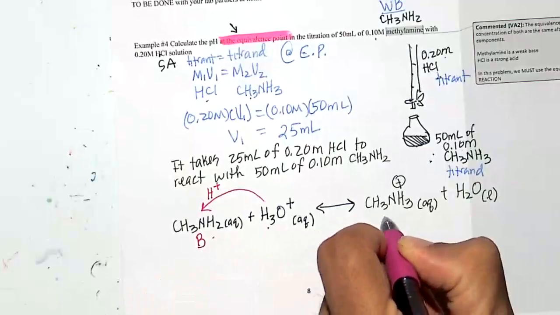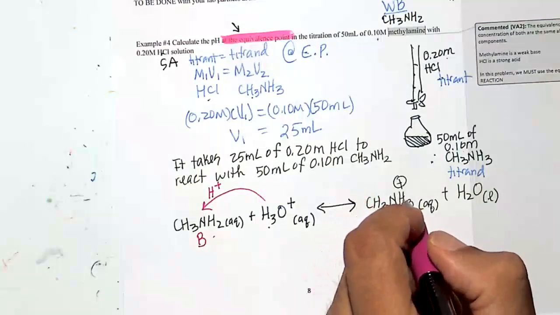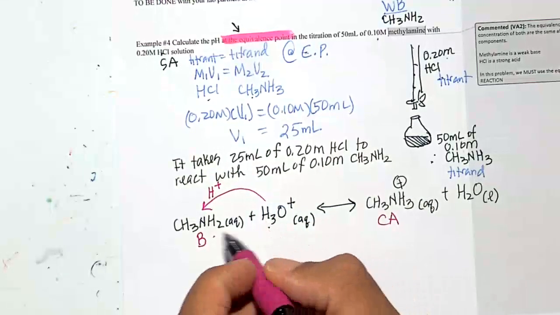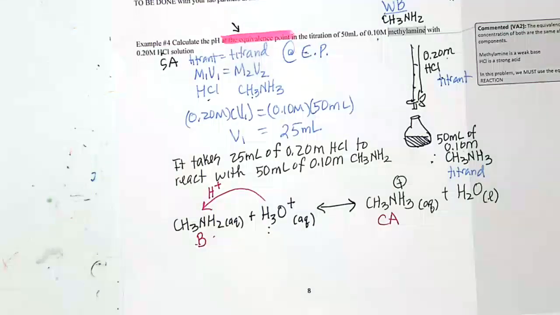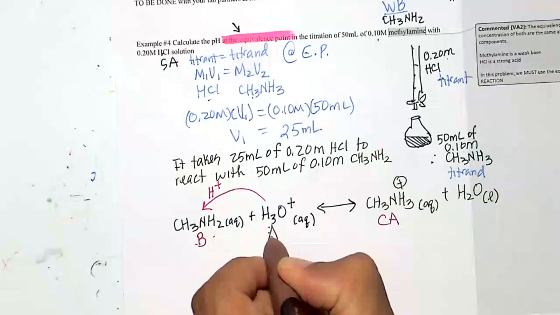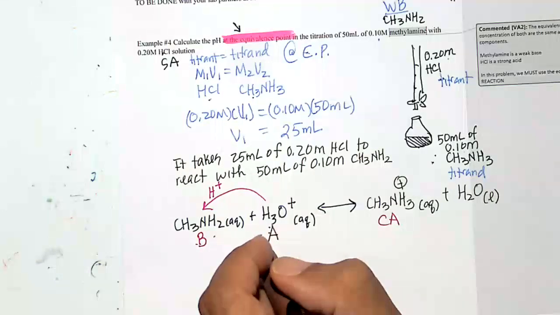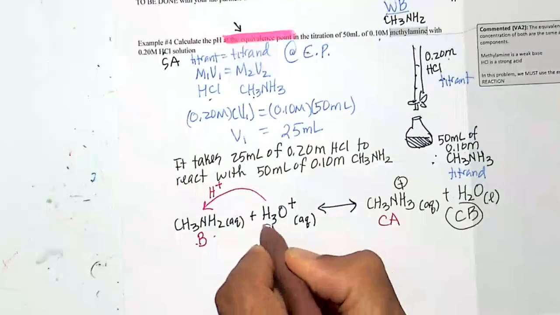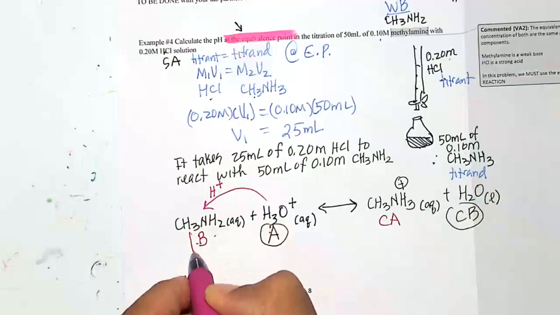What is its conjugate acid? CH3NH3 plus. This is called methyl ammonium, but you do not have to know that. If this is the base, what will this be? Obviously H3O plus is an acid, and what is its conjugate base? This one. So these are the conjugate acid, conjugate base pairs.